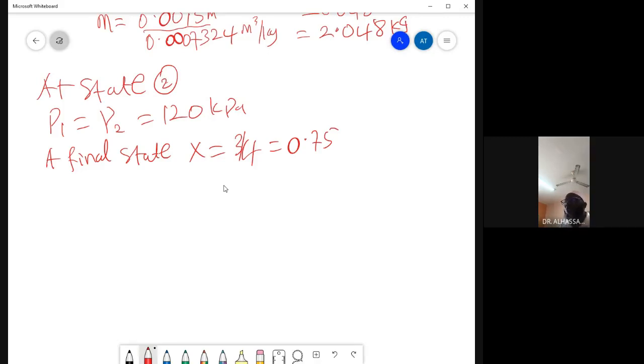So if I want to find h2, it will be equal to hf plus x hfg. You understand? So that is going to be the h2.